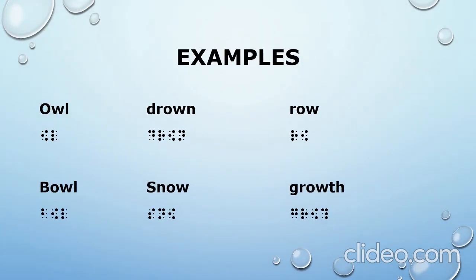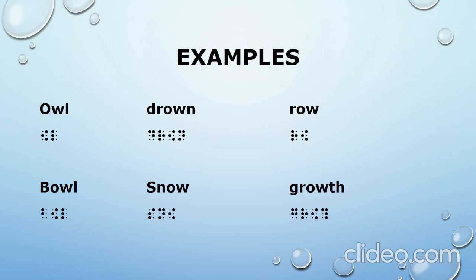So we have the words owl, drown, row, bowl, snow, growth. For the word owl, the first 2 letters there, O and W, can be contracted using the contraction for OW with dots 2, 4, 6 followed by letter L. For drown, we write DR and then the contraction for OW, then letter N. Then we have row, so that should be R followed by the contraction of OW.